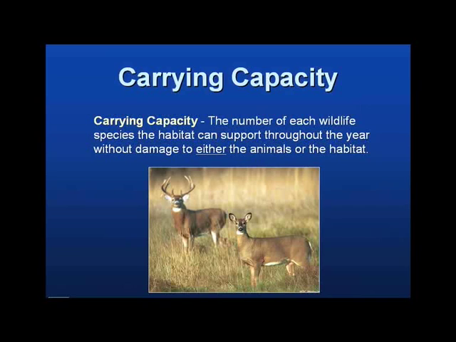Another term I wanted to mention is carrying capacity, and the definition of carrying capacity is the number of each wildlife species the habitat can support throughout the year. The key is that carrying capacity is without damaging either the animals or the habitat.